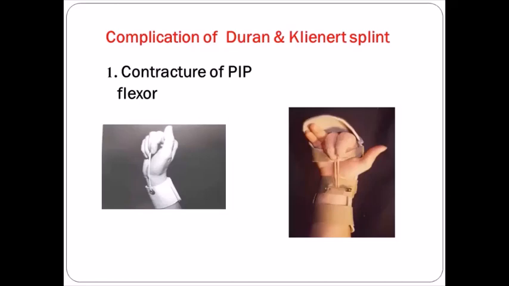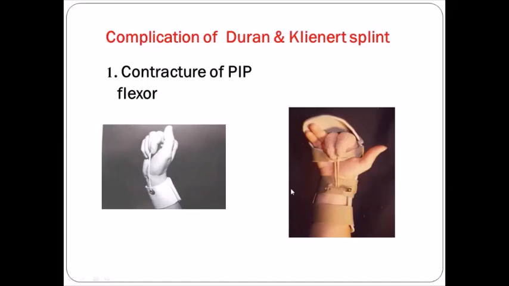Now there are certain complications of Duran, Hauser, and Cleanard. You can see here, if you go for Duran Hauser, there is a band at the wrist which is going to pull the PIP, flexing the finger, and there is flexion of the PIP joint.